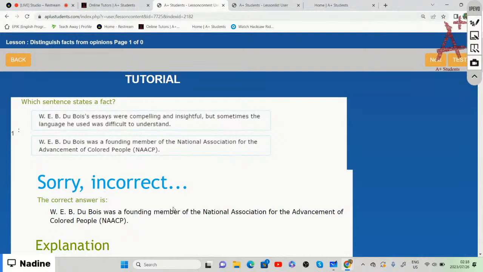Or it's the next one, which is W.E.B. Du Bois was a founding member of the National Association for the Advancement of Colored People, which is NAACP, right?